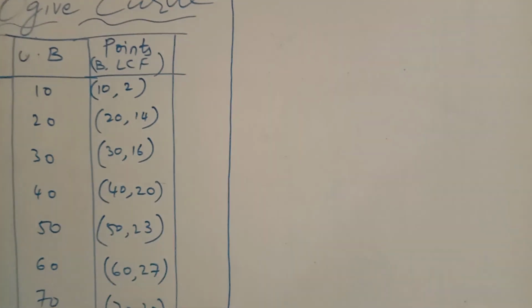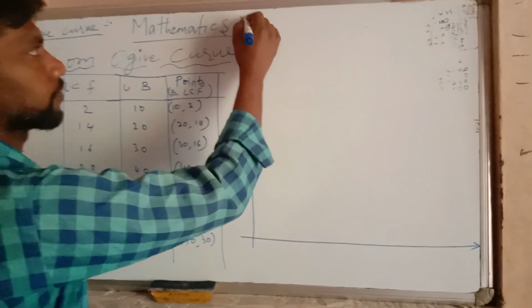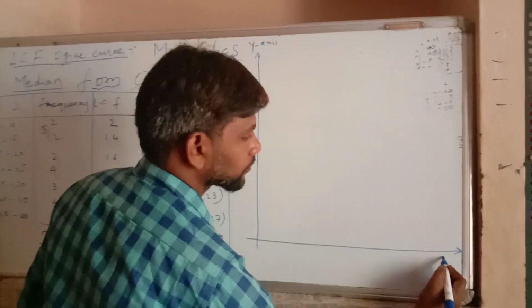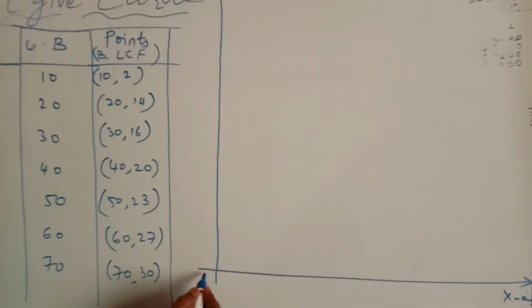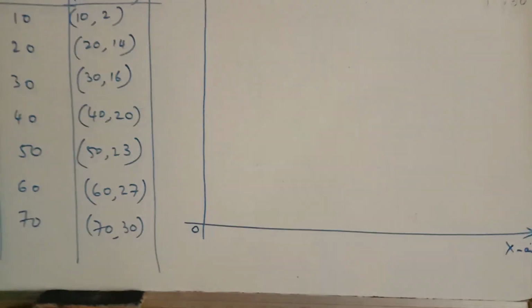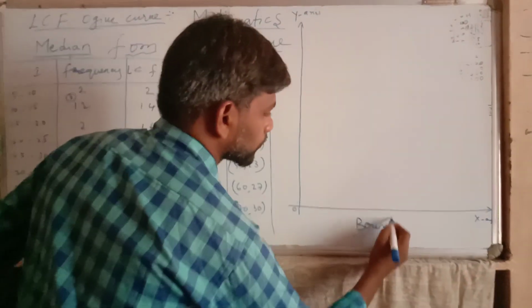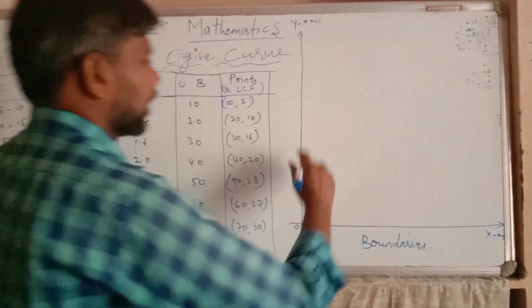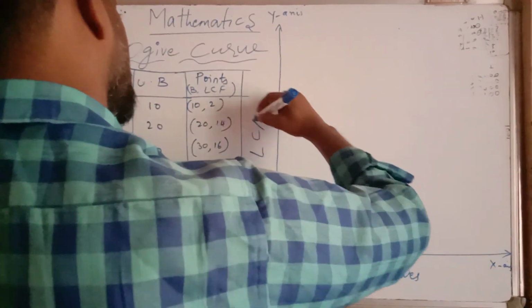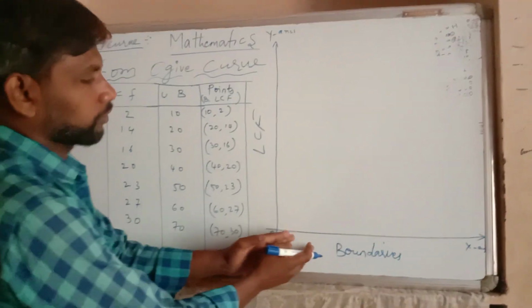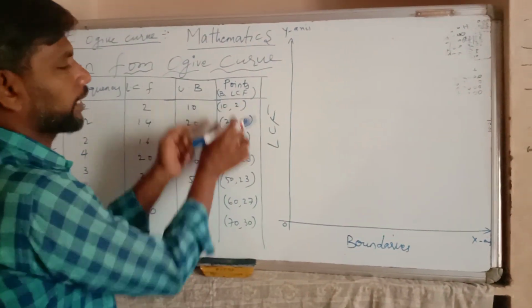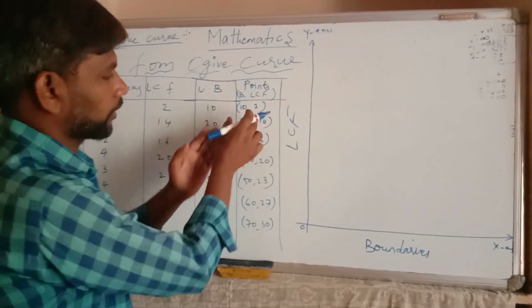The vertical line you call the y-axis and the horizontal line you call the x-axis. The meeting point of the two lines is called the origin. On the x-axis you are going to consider boundaries, and on the y-axis LCF.